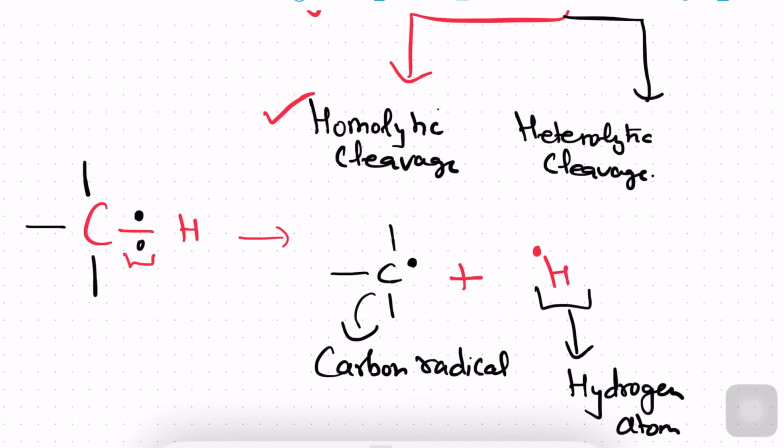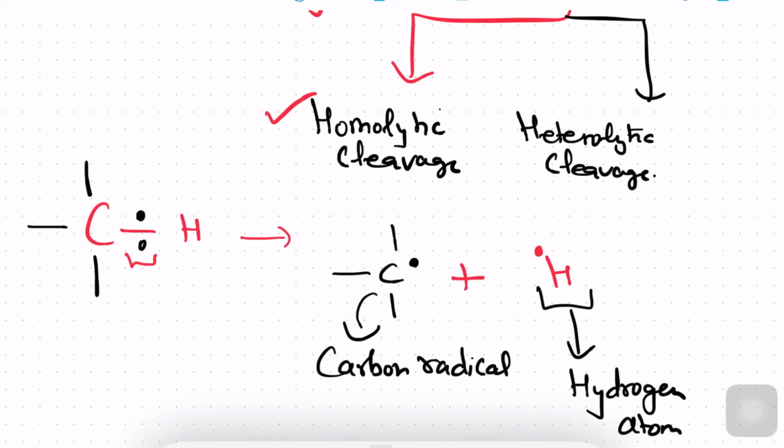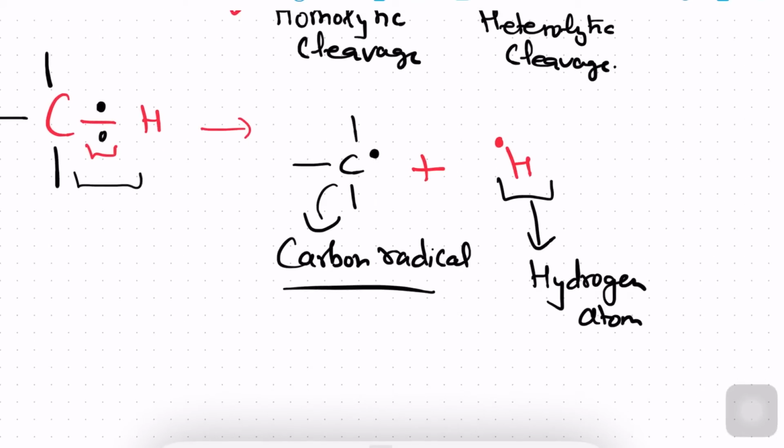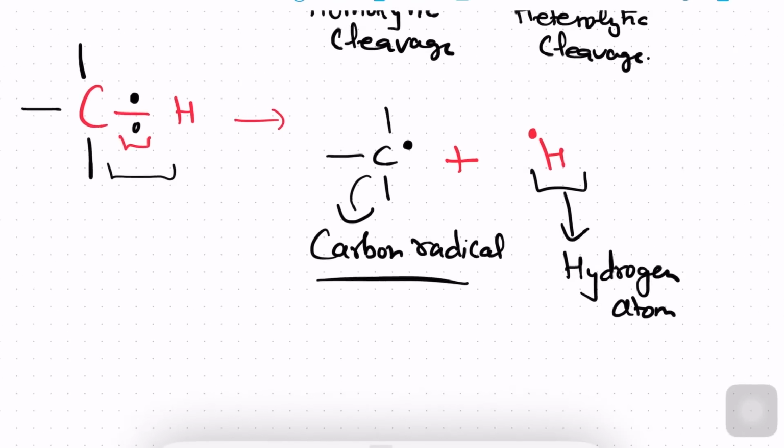So here this bond is being cleaved in a homolytic manner. You are going to see formation of carbon radical and hydrogen atom, both having 1 electron. This shared electron has been distributed equally among the carbon atom and the hydrogen atom. So this type of cleavage is known as homolytic cleavage.